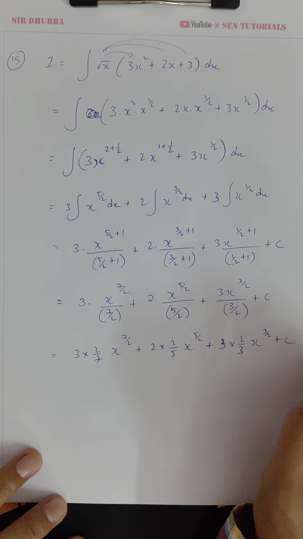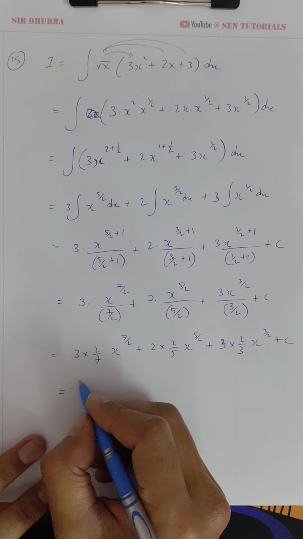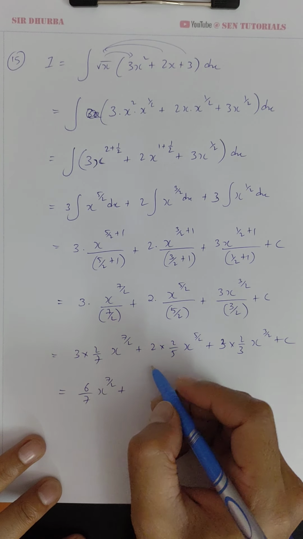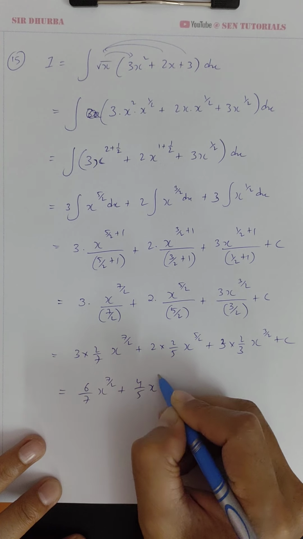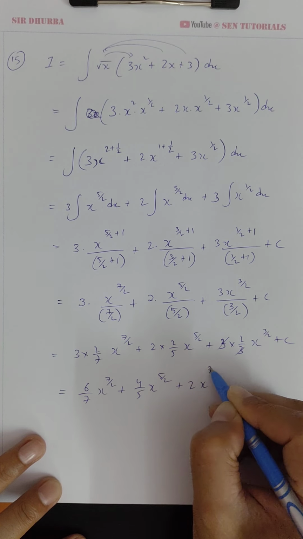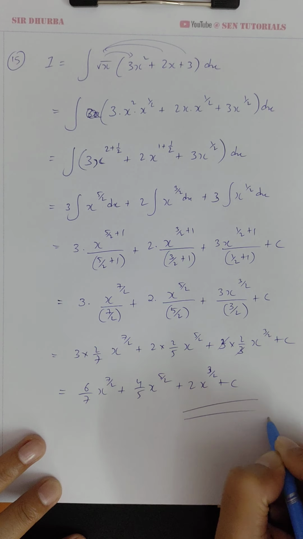Okay, so that's what we get. So simplify, 3 2s are 6, 2 2s are 4, 3 3 cancel, 2 plus c.